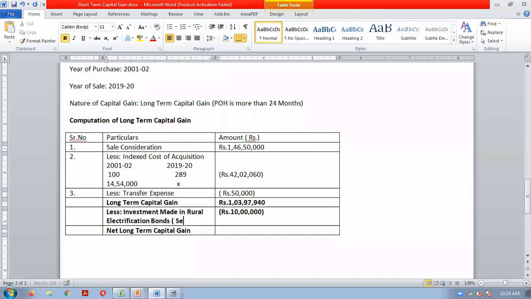Anybody calculate this minus this, it will be the revised capital gain.